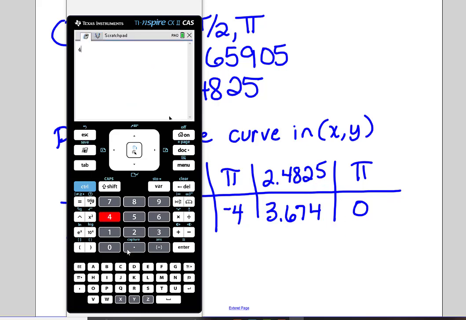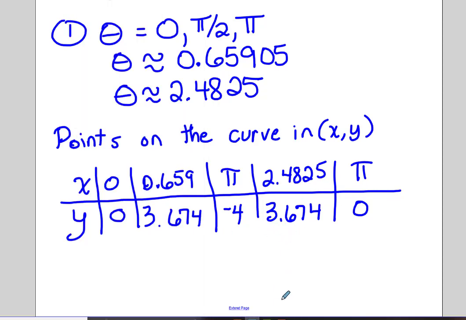So I could do 4 sine 3 times our theta of 2.4825 to show you that I get that value 3.674 without wasting a lot of time. Another key point is the fact that at 0, -4, I have an absolute minimum.